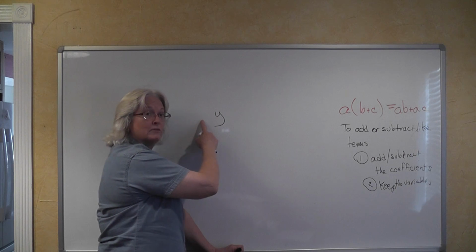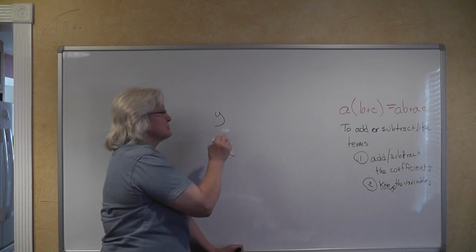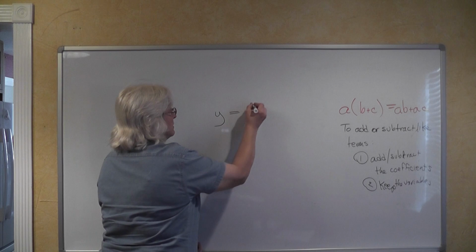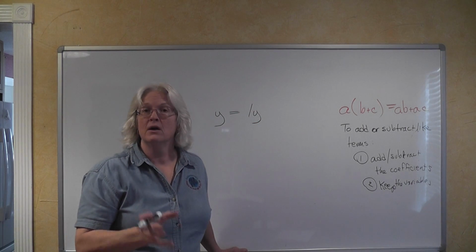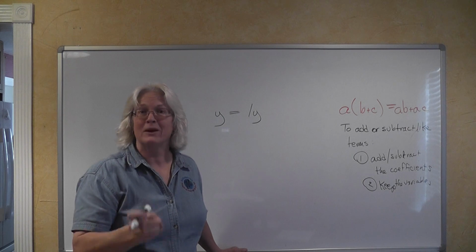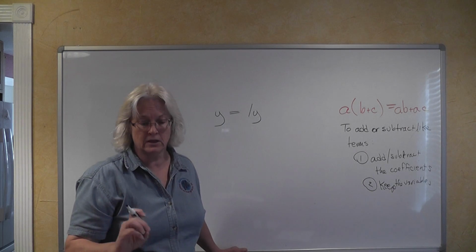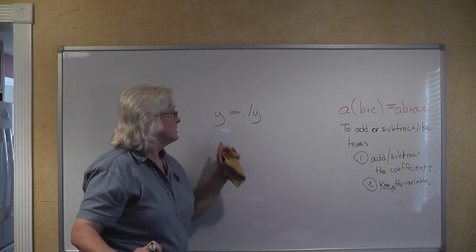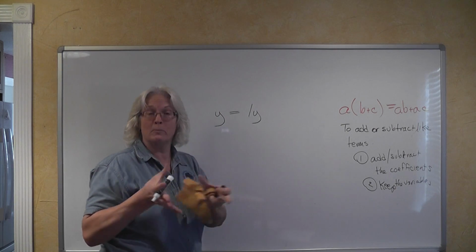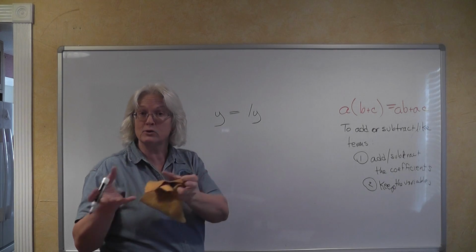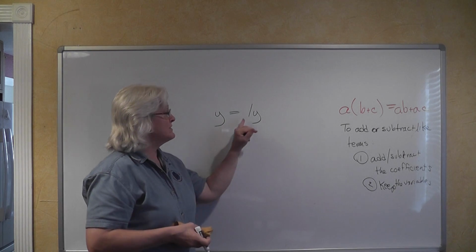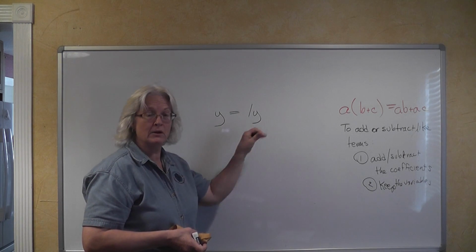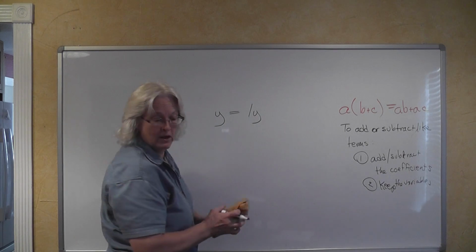There's no number in front of it. But you understand that y is the same as 1 times y. And you can know that that's true because of the identity property of multiplication. So don't forget, when you're combining like terms, in whatever order, that if you don't physically see a coefficient there, you still have to count one of those.